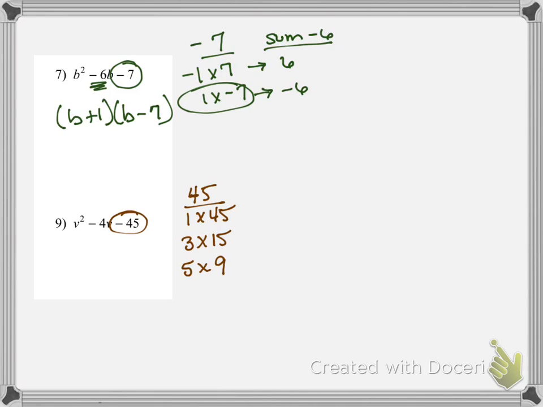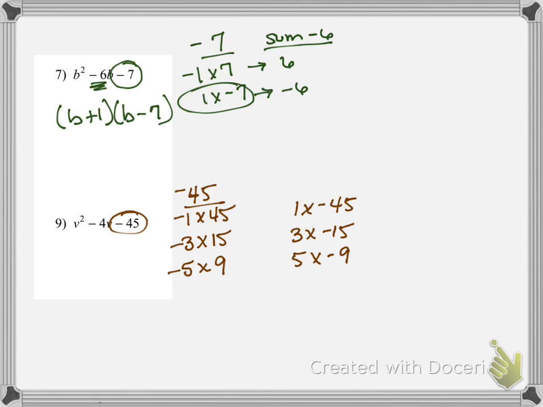So, since it's negative, then it's either going to be -1 and 45 or 1 and -45. -3 and 15 or 3 and -15. -5 and 9 or 5 and -9. So just keep those in mind.